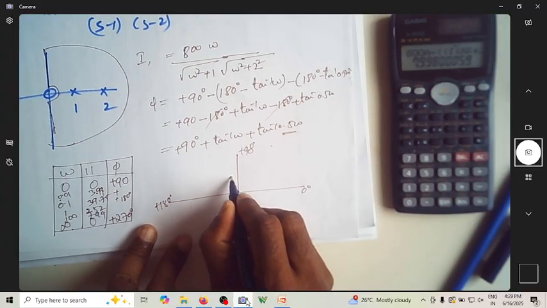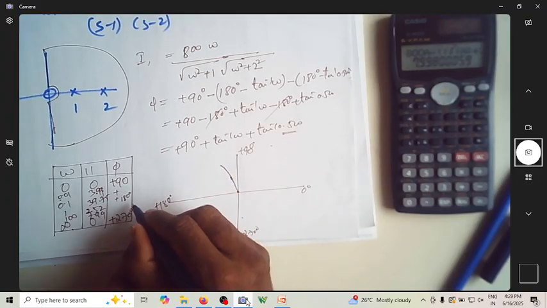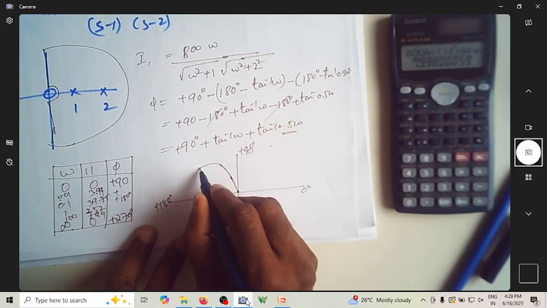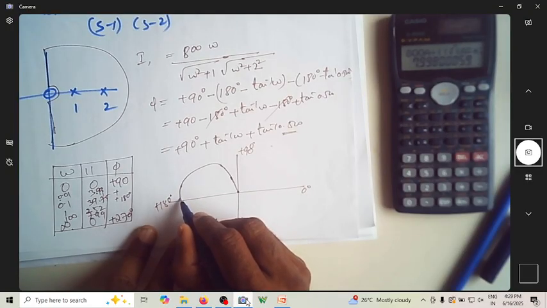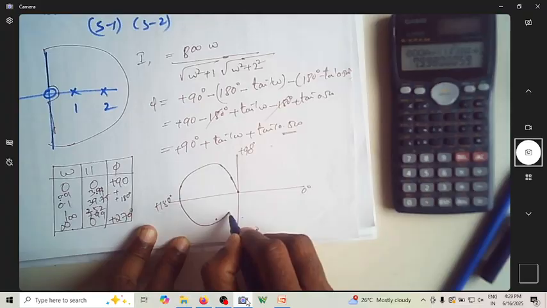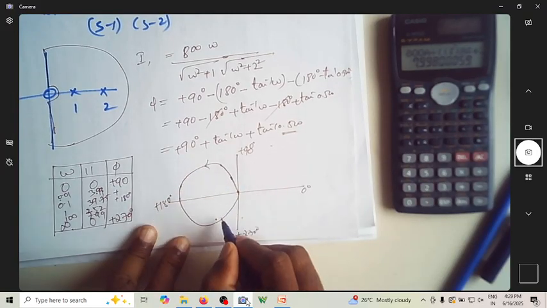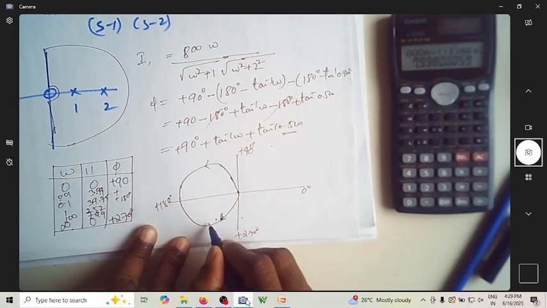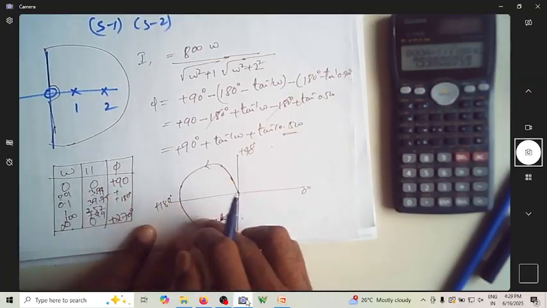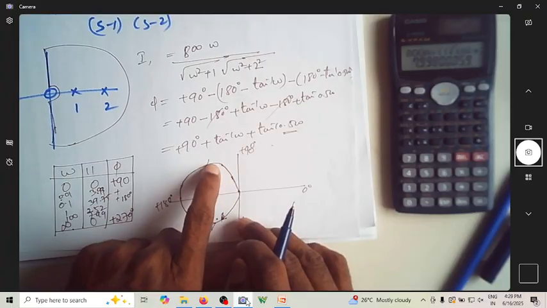This is going all the way, and at some point it goes there, and then again it just goes here. So this is 90. Can you see this is increasing?